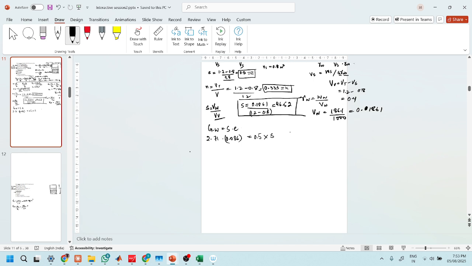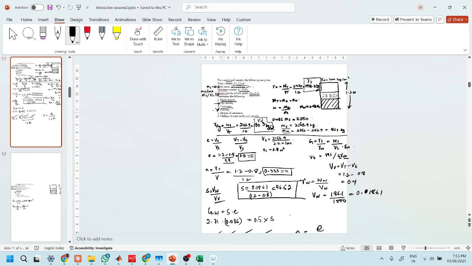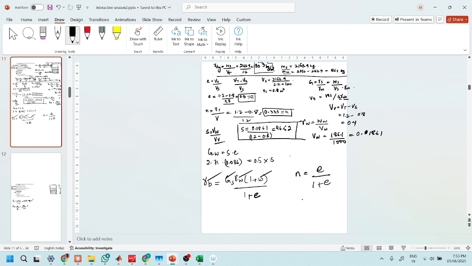You will know gamma B equals G S gamma W (1 plus W) over 1 plus E. You know the W, you know the G, you know the gamma B, you know the gamma W, you can calculate E. And then for N, you can calculate from E divided by 1 plus E. Then for degree of saturation, you can use WG equals ES.